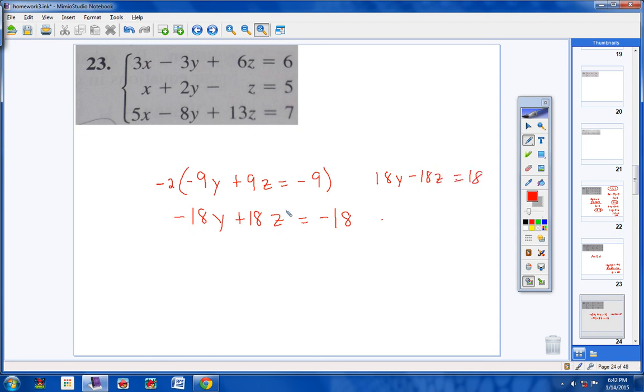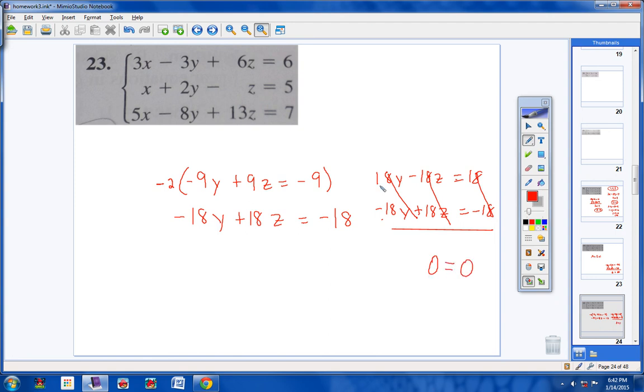Down here, of course, in the bottom, this equation stays the same. Now, hopefully by now you're realizing we're going to have a special case here where everything on both sides is going to cancel out. And here it is. Y's cancel, z's cancel, constant term cancels. You're left with 0 equals 0.